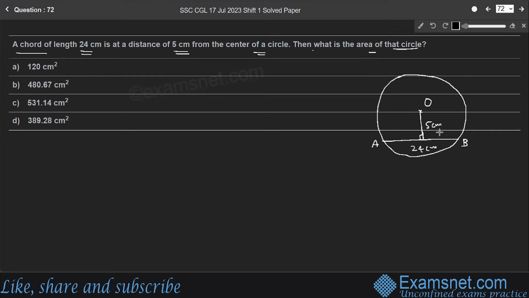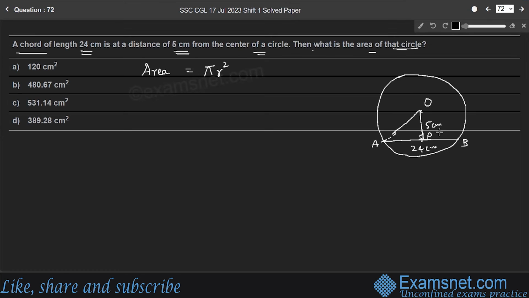So we need to find the area of the circle. We know the area of the circle is pi r square, pi into its radius square. So for that we need the radius of the circle, which is OA. Here OA is the radius. So let us consider the line joining the center and the chord, let it be OP.